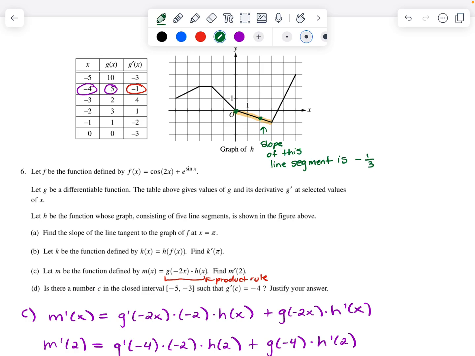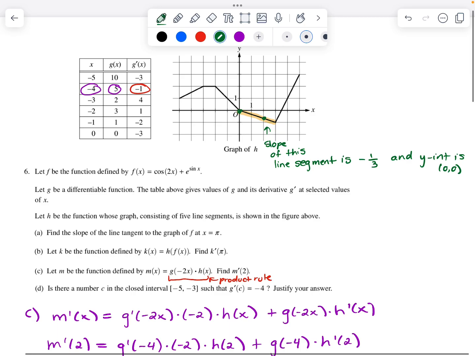And then we know the y-intercept is 0, 0. So in other words, I know that that line is going to be y equals negative 1/3 x plus 0, because the slope is negative 1/3 and I have the y-intercept, so I'm just using y equals mx plus b, right? So throwing it back to algebra 1.